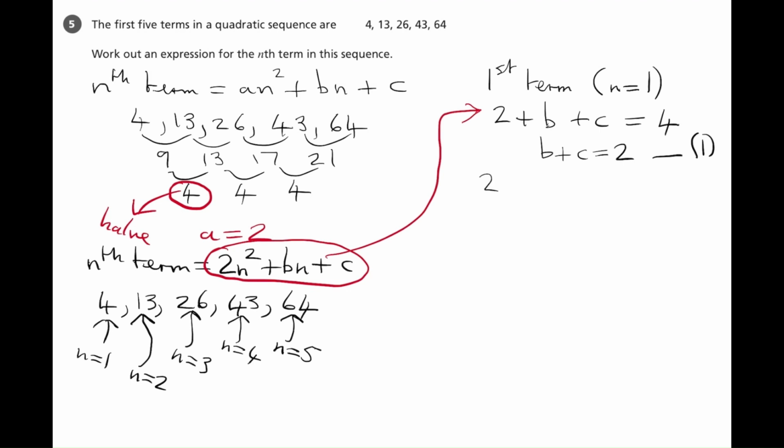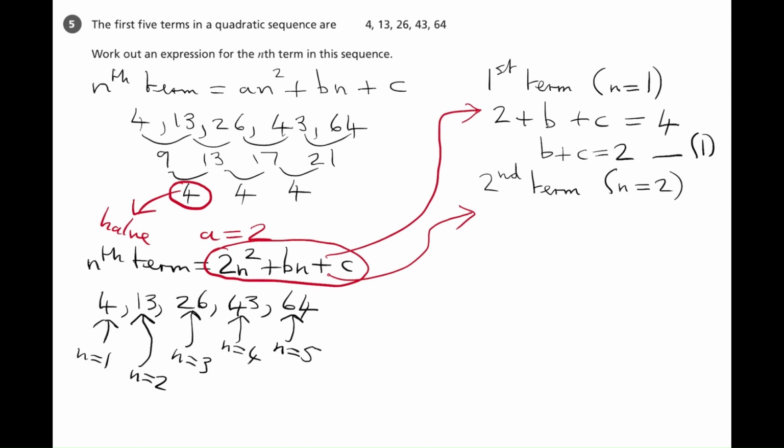We now move to the second term in the sequence. So this means we're now using n equal to 2. So we go back to our nth term formula, and we're going to substitute n equals 2.